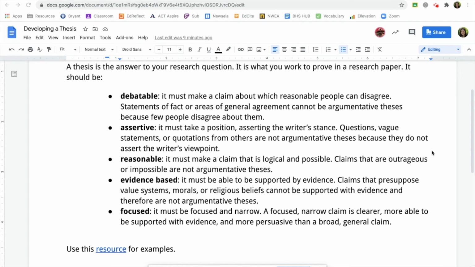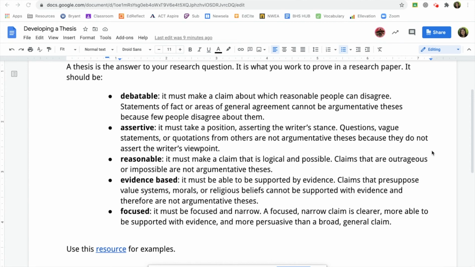Evidence-based. By building in the part at the beginning of the thesis, in order to save money on utilities and school bus gas, that is leading into the idea of evidence. So all you would have to do to prove your thesis then is to find evidence that the shortened school week would reduce the money that the school district would have to pay for utilities and gas.